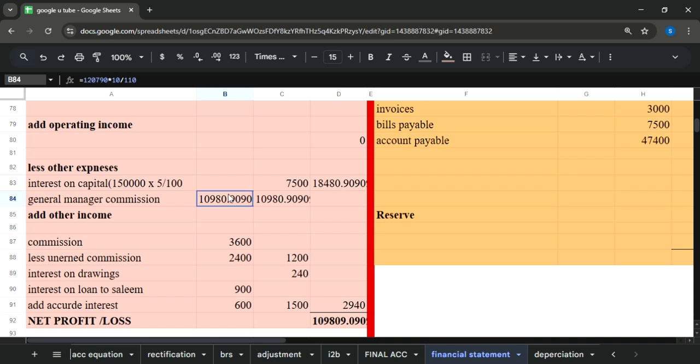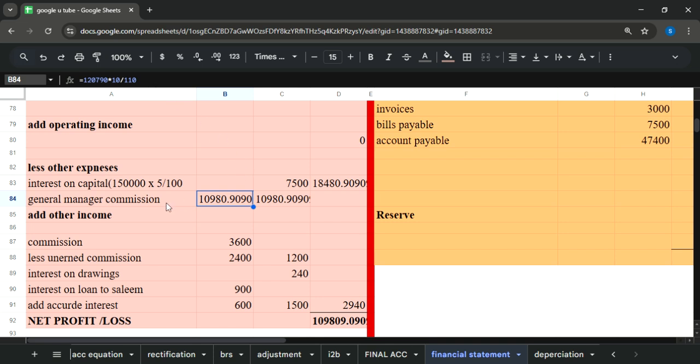And here I am telling you once again, this was your profit before commission, 120,790, and you have taken 10 as the rate of general manager commission and divided by 110. This 110 is very important. Whenever you see after charging such commission, you will use percentage plus 100. So 10 was the percentage, 100 was the original amount. When you add, it becomes 110.